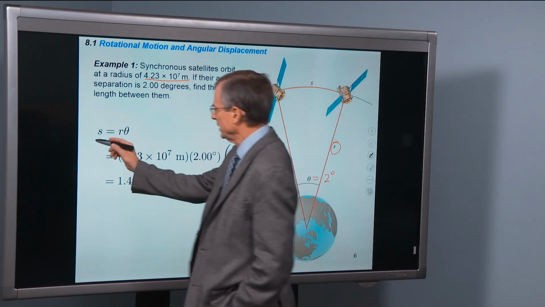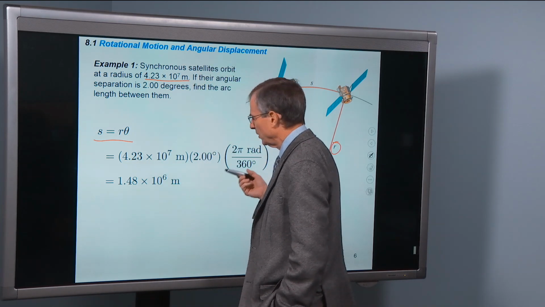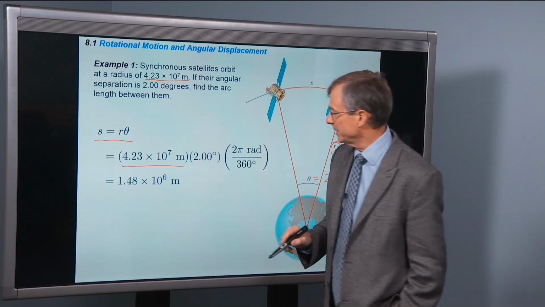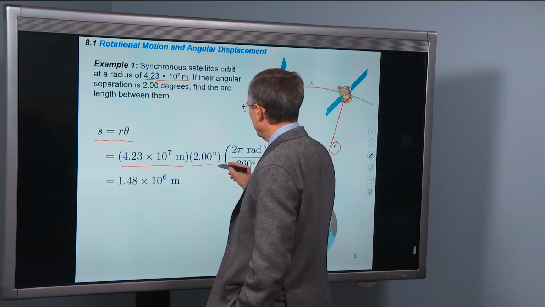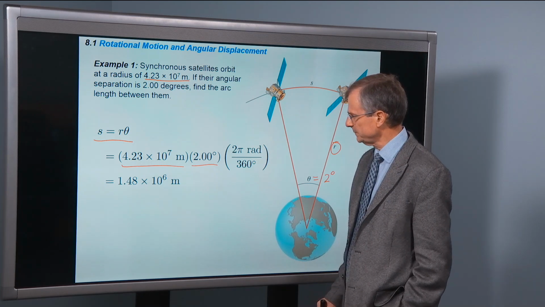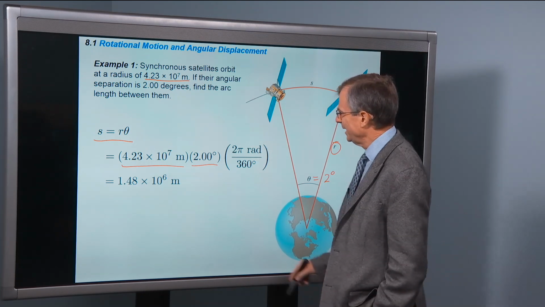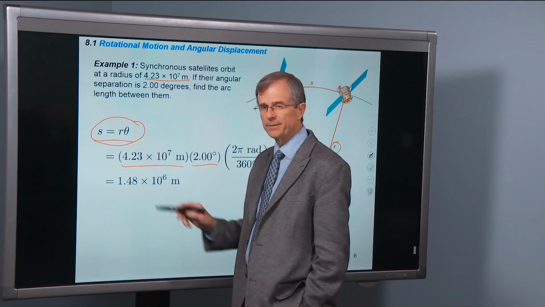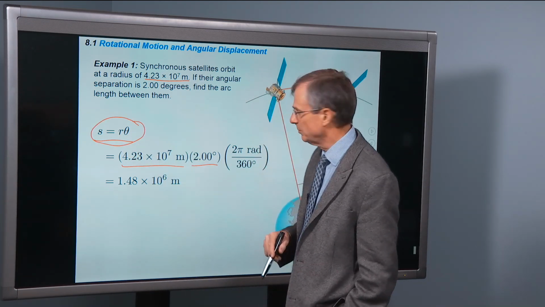Well, we can find the arc length from this formula. We know the angle, and we know the radius, 4.23 times 10 to the 7 meters. Here's the angle measured in degrees, 2 degrees. In order to use this equation, we've got to have theta measured in radians.